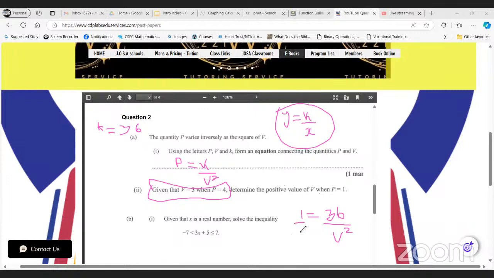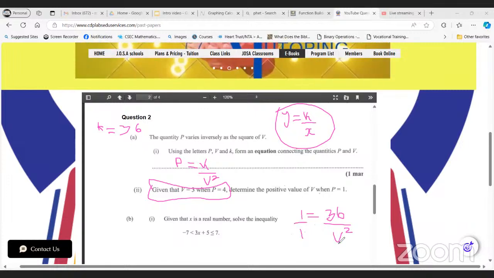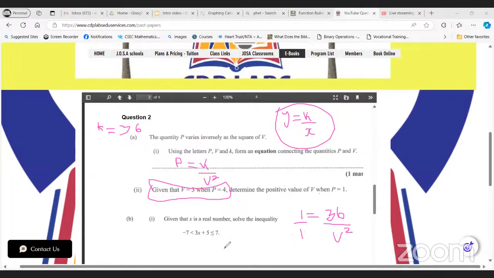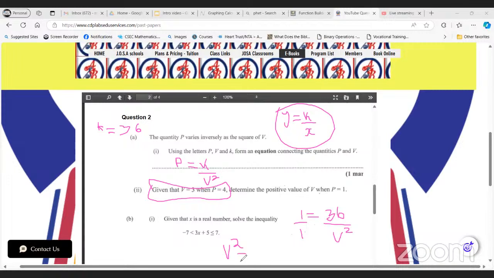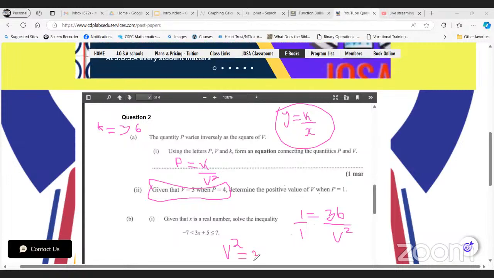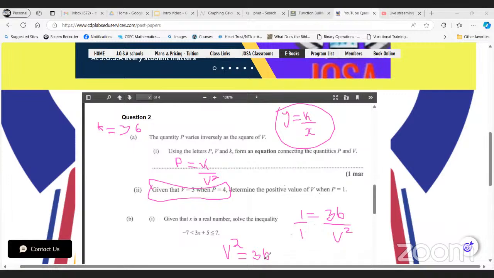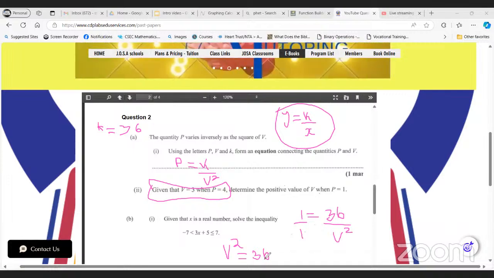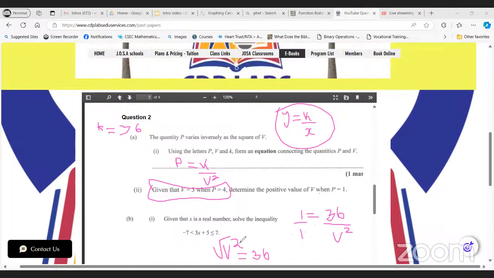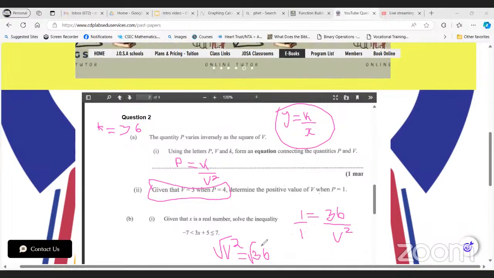Now, cross multiply again. So 1 times v squared is, of course, v squared. The v squared is equal to 36. Now, to find out what v is, we'll have to find the square root of both sides of the equation right here.